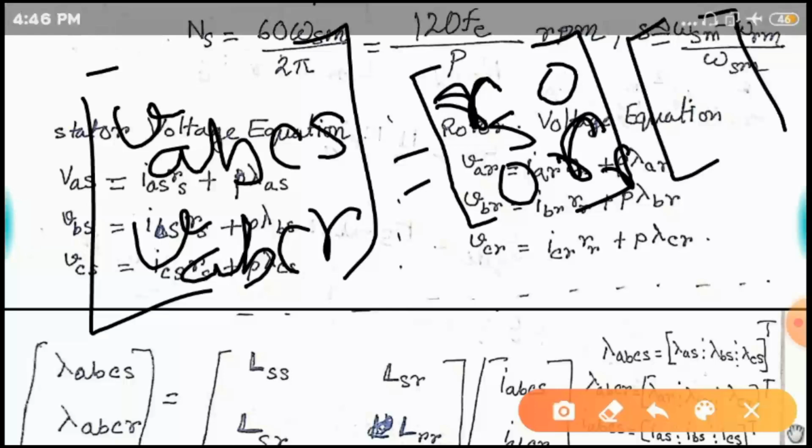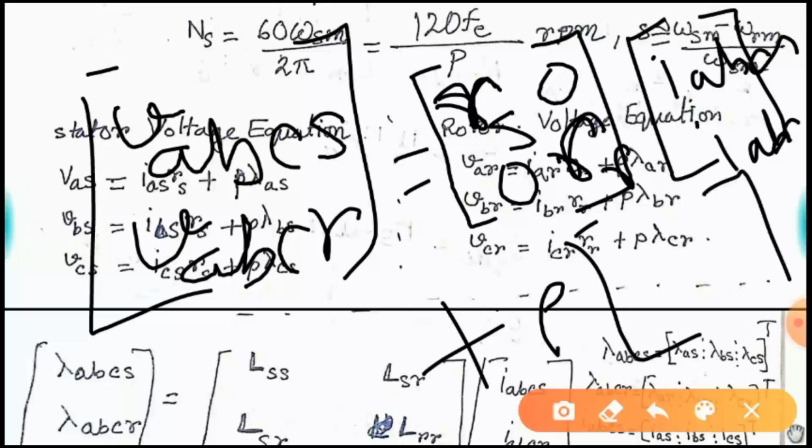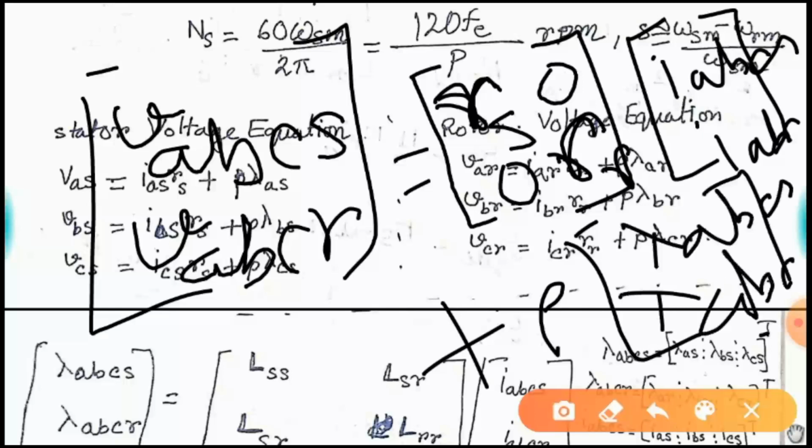Here it would be like the previous case, IABCS, and here it would be IABCR, plus P on lambda ABCS and lambda ABCR, right?